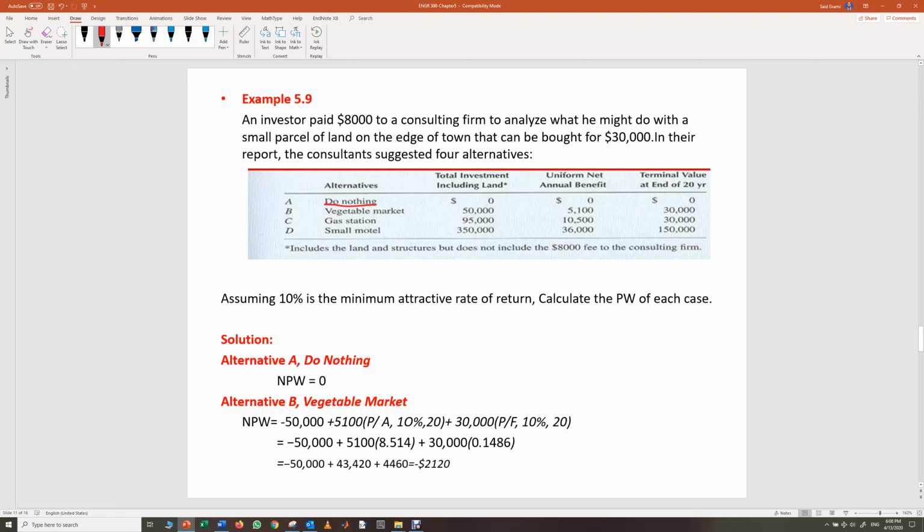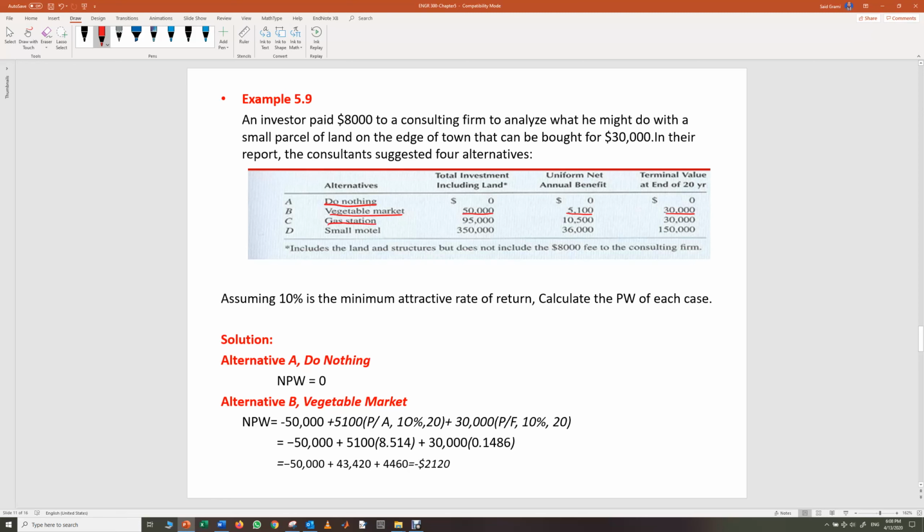Alternative B, vegetable market. We make a vegetable market on the piece of land. So the total investment is 50,000. The uniform net annual benefit is 5,100, and the terminal value at the end of 20 years is 30,000. This is the second alternative. C, we make a gas station on this land.